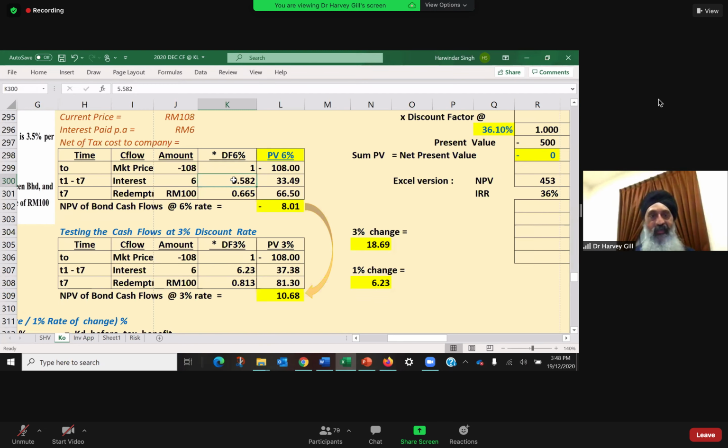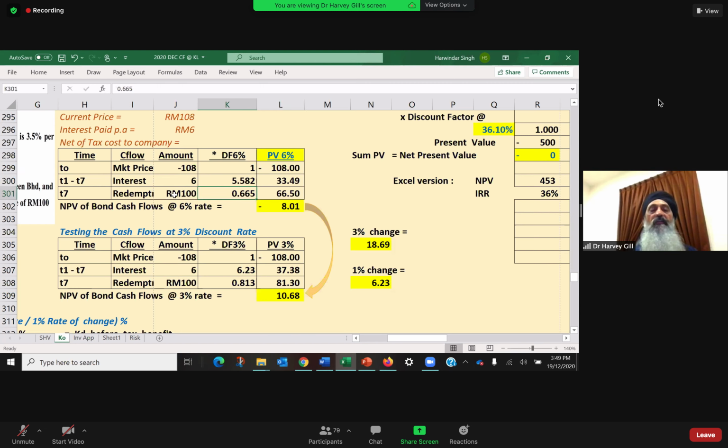So to get the value today of 7 payments of interest of 6 ringgit, how much would it be worth in today's terms, in present value terms? Answer, 6 ringgit multiplied by 5.582, you will get 33.49. Yeah, and then in the 7th year, there's a single cash flow of 100.